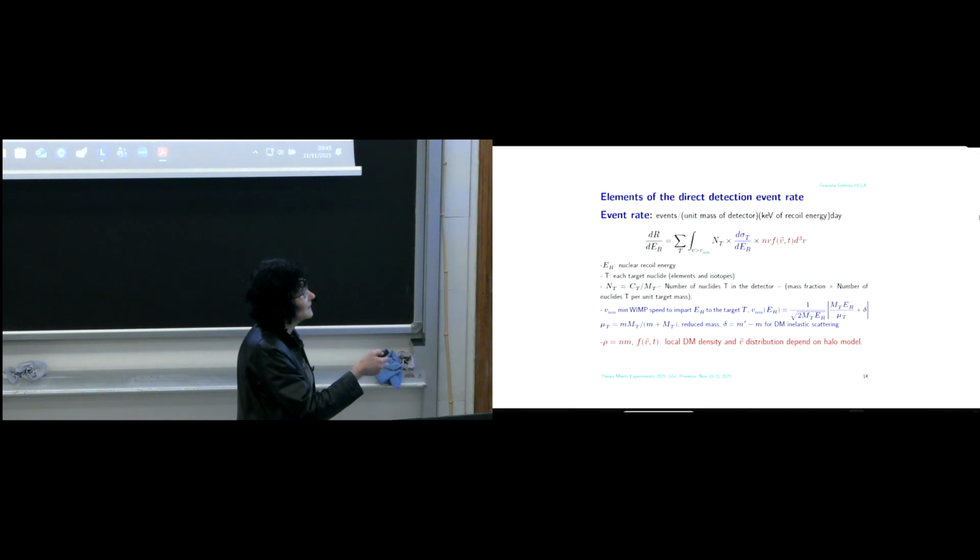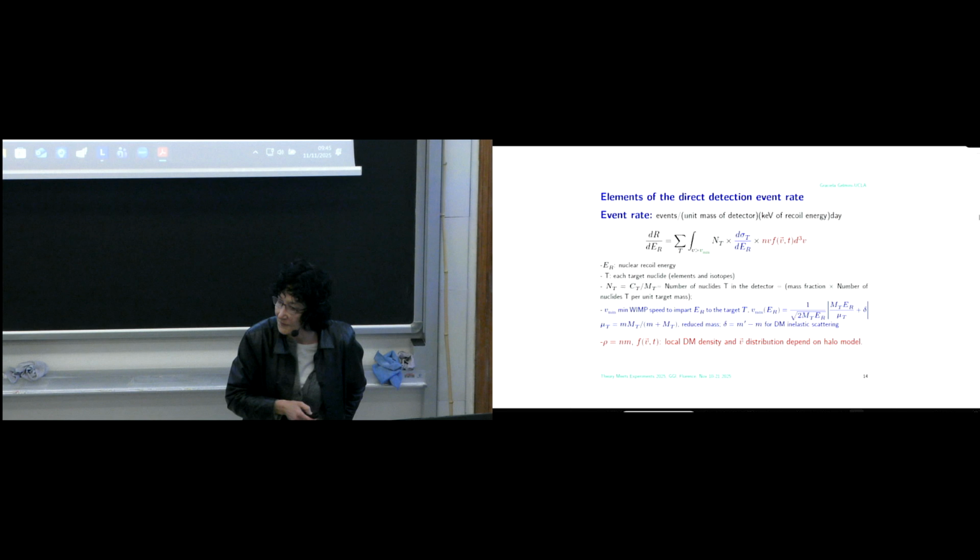You have to know your distribution, the particles that are passing through your detector. And then usually this is normalized to 1, so that you put your number density outside, and then you have your differential rate. So this is differential rate in units, typically events per kilogram per keV of recoil energy per day.